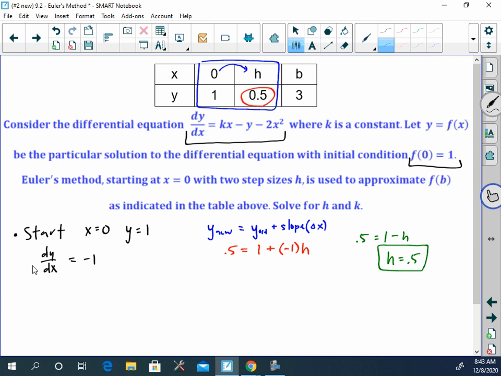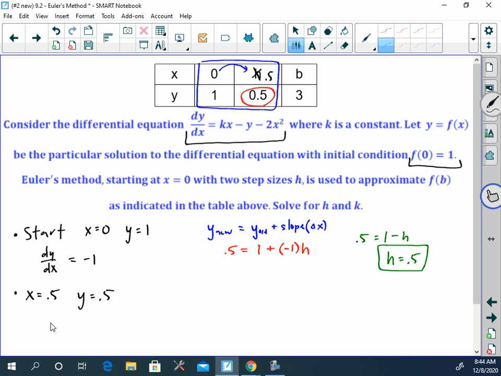And then you still have to find k, so you would start at x equals 0.5, y equals 0.5. Okay, so just wait 1 second. So this h now we know is 0.5. So if I replace this with a 0.5 here, this is my new data point, right? So that's where the 0.5 for the x is coming in, and then my y is 0.5 to go with it.